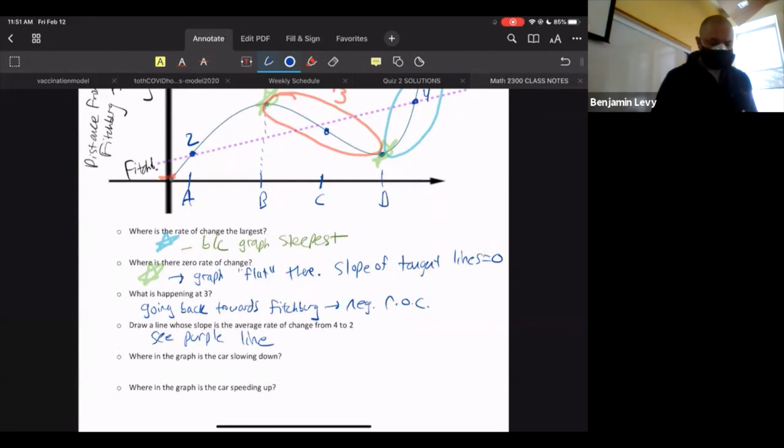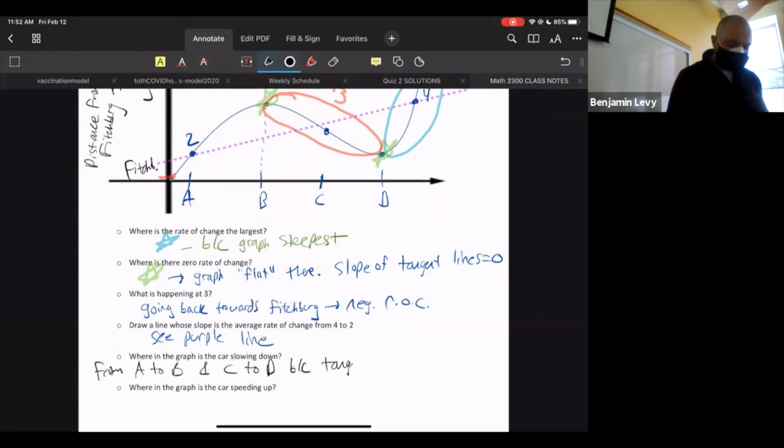And also from, say, C to D. Let me do this. So from A to B and C to D. And the way you think about that is because the tangent lines become flatter.